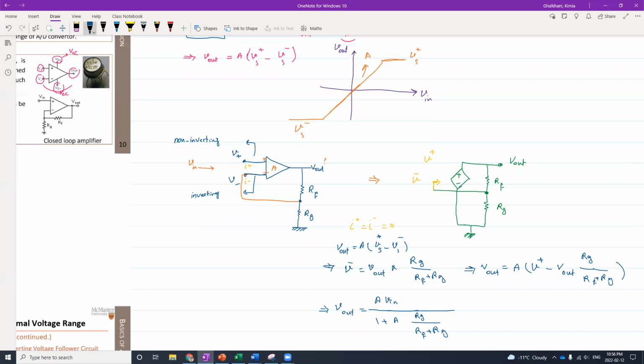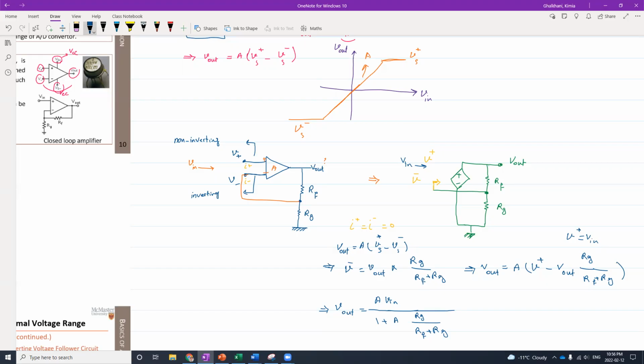Since we are connected to the non-inverting terminal, which is this guy, I assumed that V positive is going to be equal to V in, right?